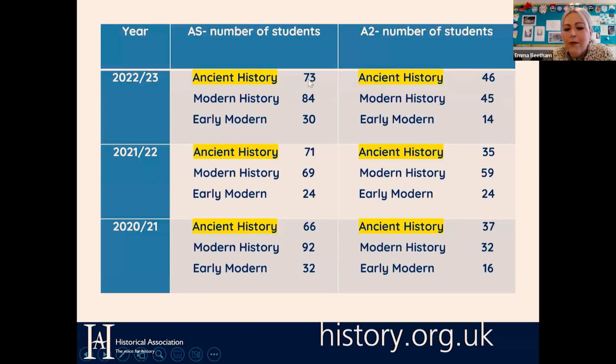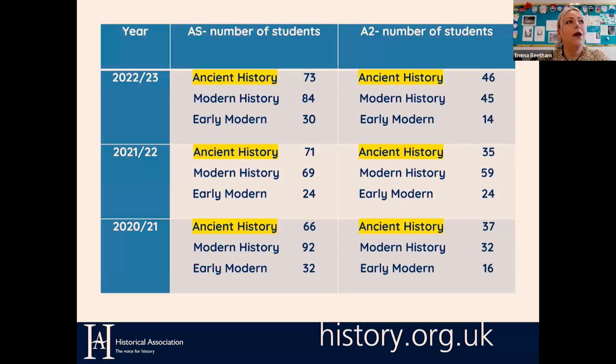So that is why the numbers slightly dip, because they might have chosen not to do history as one of their three A-levels. It might have been a fourth choice just to keep their curriculum understanding open. So when they write to universities and go through the UCAS process, they've at least got a broad sense of different subjects.